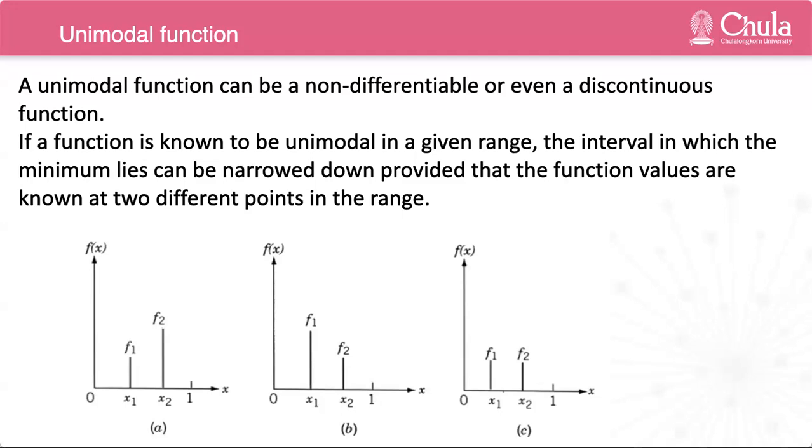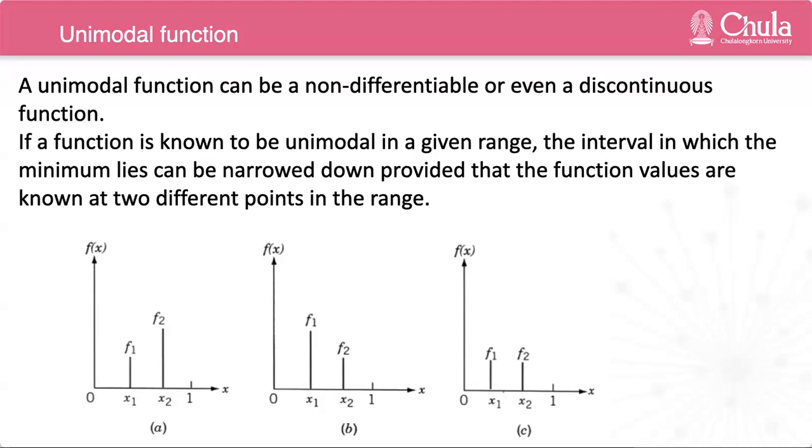We can eliminate some area, right? Which area can we eliminate? From x1 to x2? No. 0 to x1? No. x2 to 1. We can guarantee that the minimum point will not lie in the area from x2 to 1.